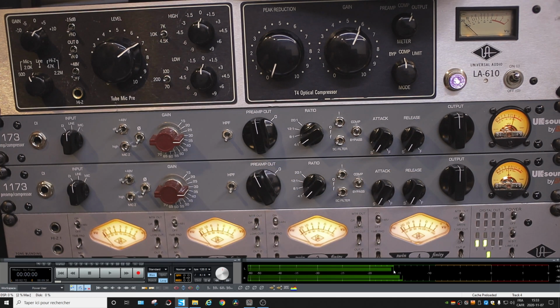So again, there's a difference. This means that the threshold at which the compressor starts to act is a bit different between the first 1173 and the second one. So we have the choice to change the output of the preamp again, or we can change the master output of the unit like this.